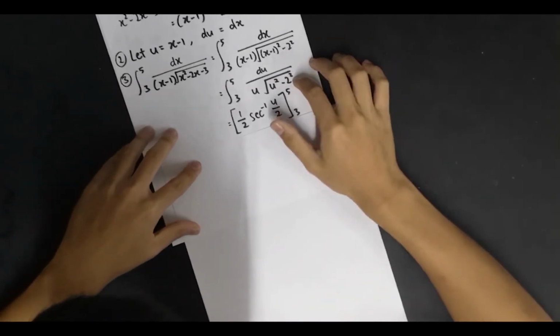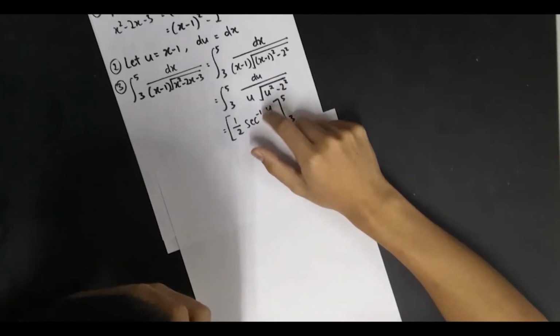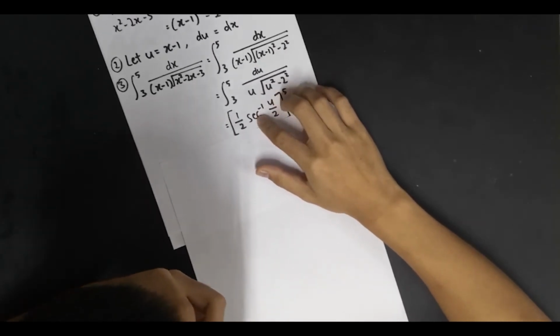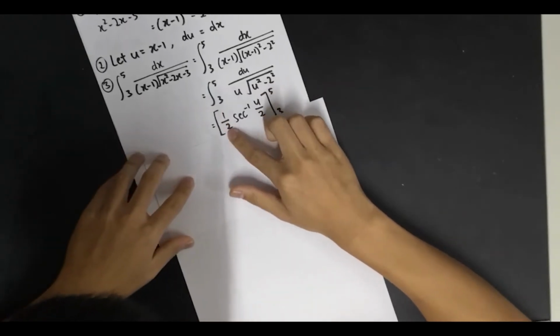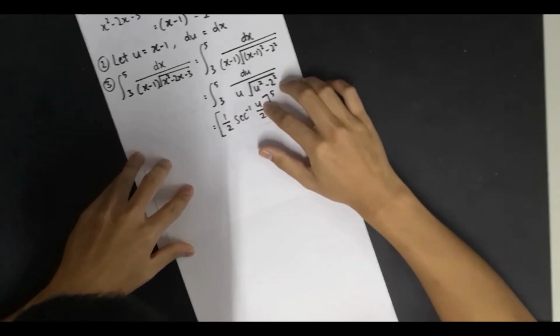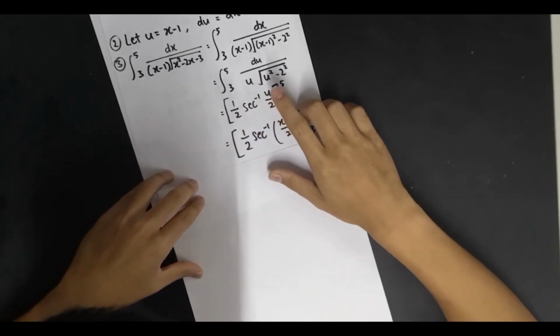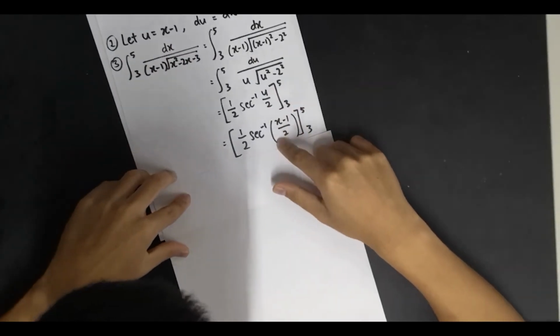By using the formula, integrate, you get arc secant of u over 2. Sorry, it's 1 over 2 arc secant of u over 2. Then substitute u equal to x minus 1, you get this equation.